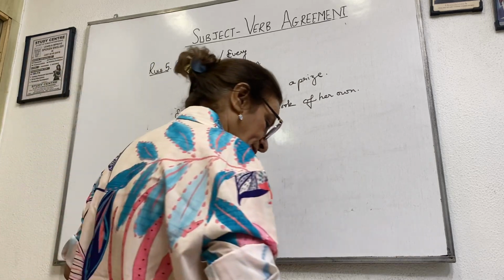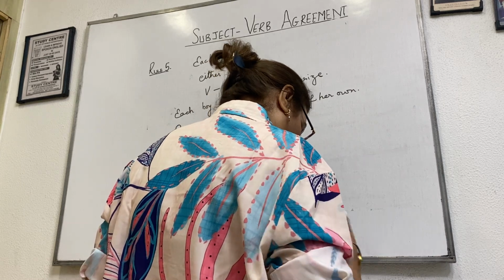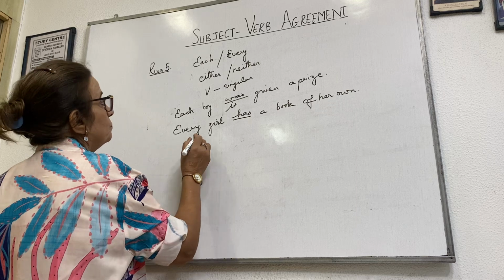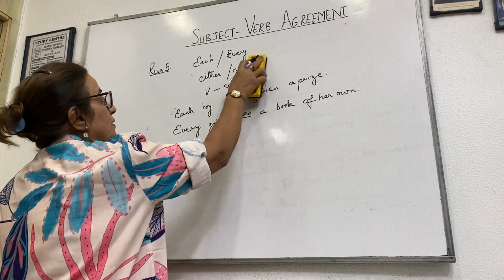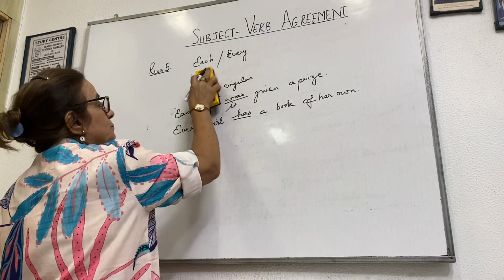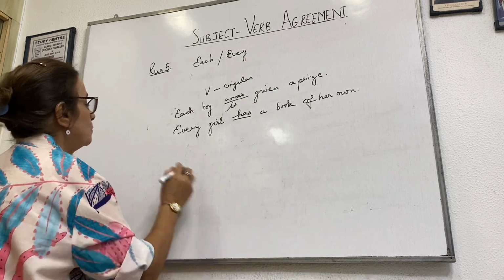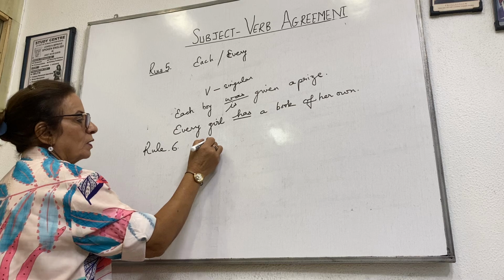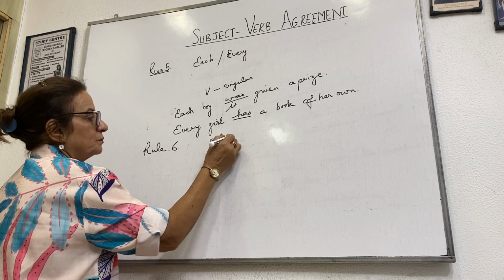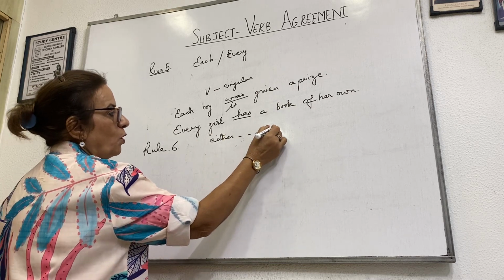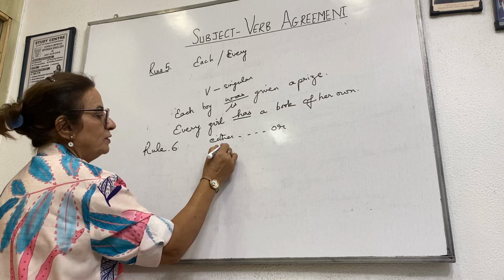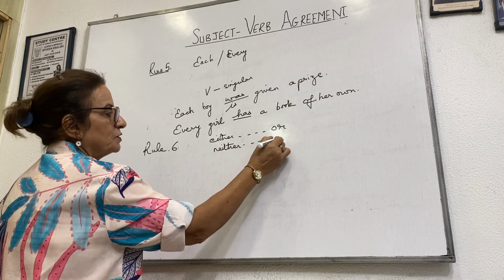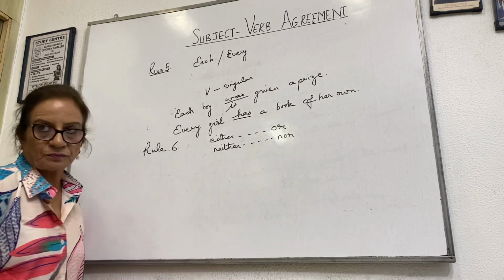Let's take either, neither. Okay, we'll do either, neither in the next one. Okay. Now rule number 6. Either we will use it with or, and neither with nor. I had told you in conjunctions, these are pair conjunctions. Okay.